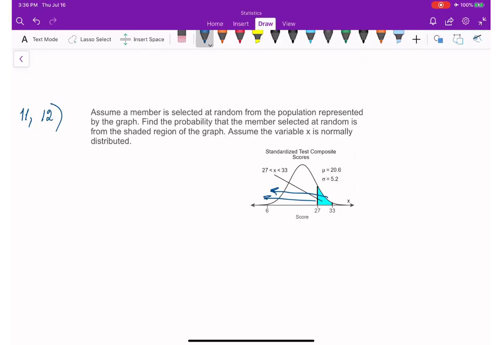All right, so writing down x1 is equal 27. Again, we need to find the probability for the members randomly chosen from the shaded region. That's all I need to know, and all data is given here. x1 is 27, x2 is 33, mu is equal 20.6, and sigma is equal 5.2.